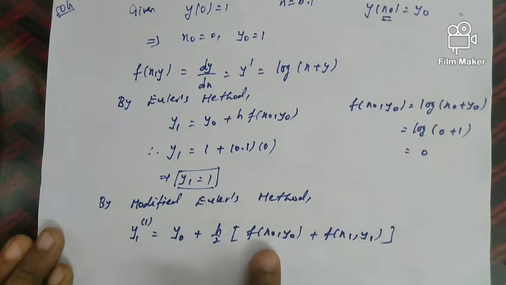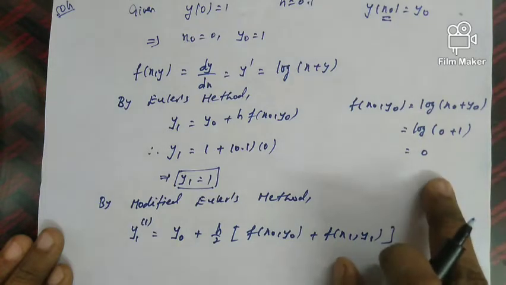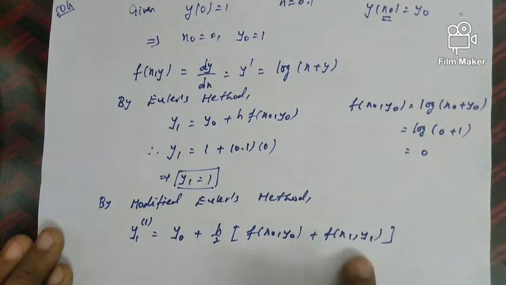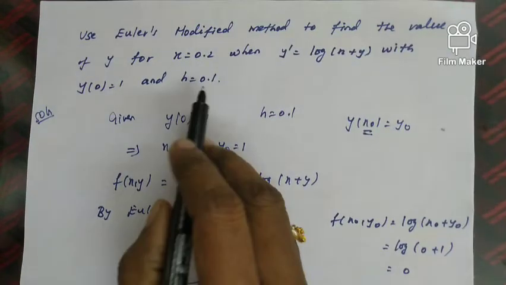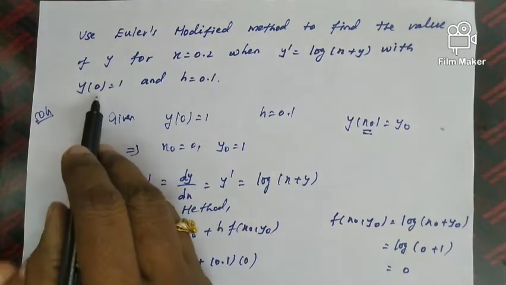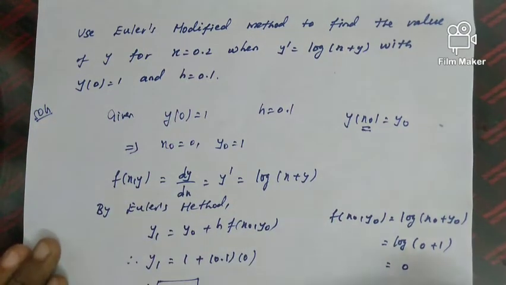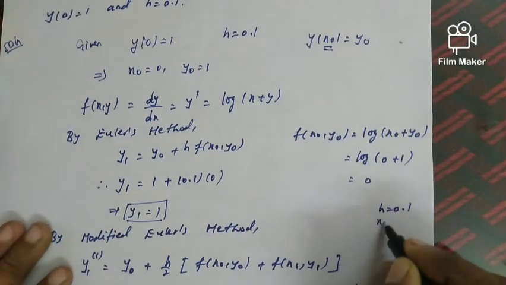Okay, so before that, f of x naught y naught value we already got, and f of x1 y1 we have to find here. So f of x1 y1, what is that? F of x1 y1 equal to log of x1 plus y1. Where is the x1 value? Here the x1 value is not given directly. Instead it's given that h is equal to 0.1, x naught is 0.